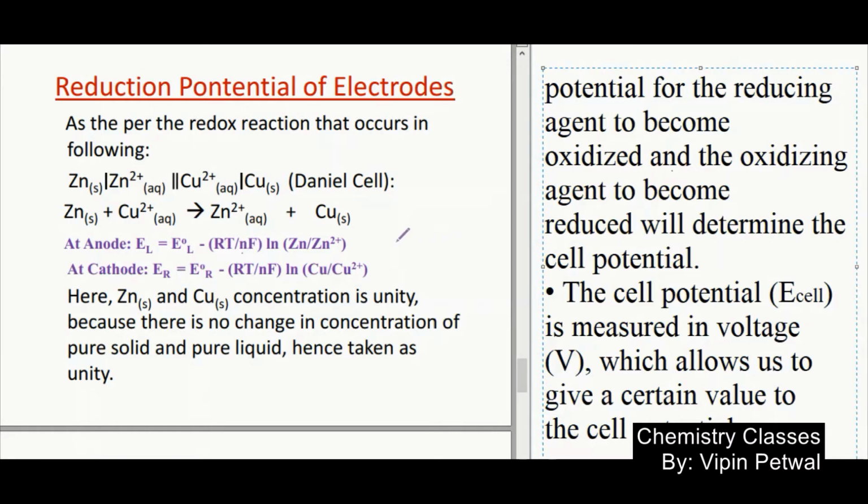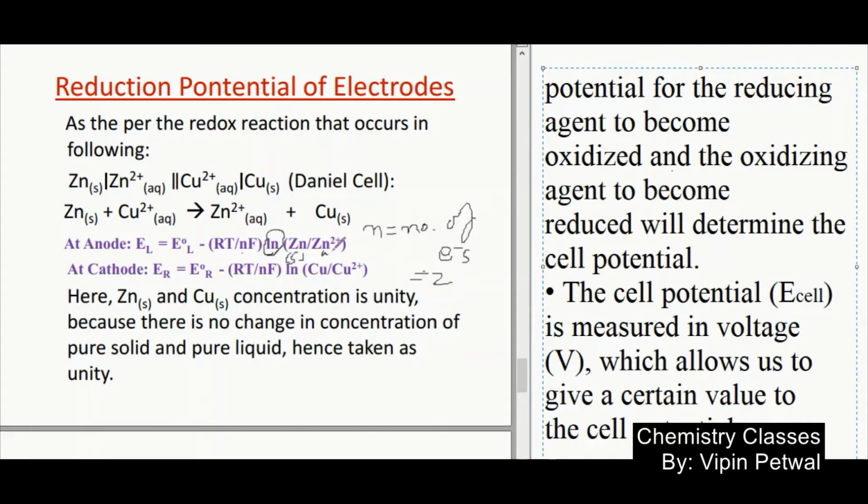N is number of electrons. Number of electrons transferred. Okay, so here it is how much? It is 2. Ln is what? This is natural log. Okay, Zn by Zn2 positive. Zn is here solid.